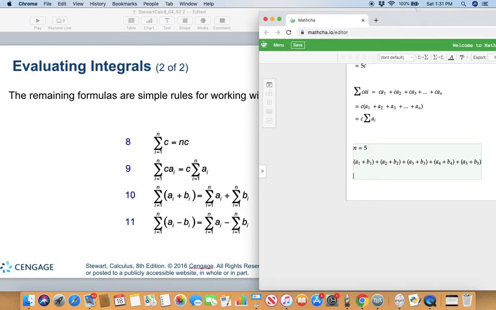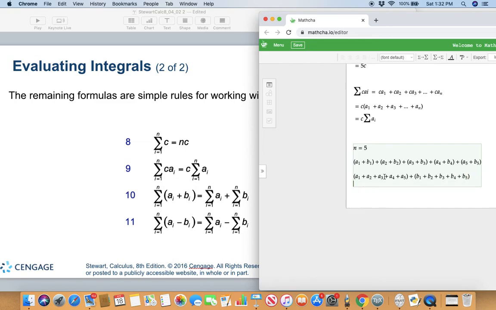Okay. Well, why would I write it this way and not some other way? It's just a rearrangement. Let me get all the a's together: a sub 1 plus a sub 2 plus a sub 3 plus a sub 4 plus a sub 5 plus, let me get the b's together: b sub 1 plus b sub 2 plus b sub 3 plus b sub 4 plus b sub 5.